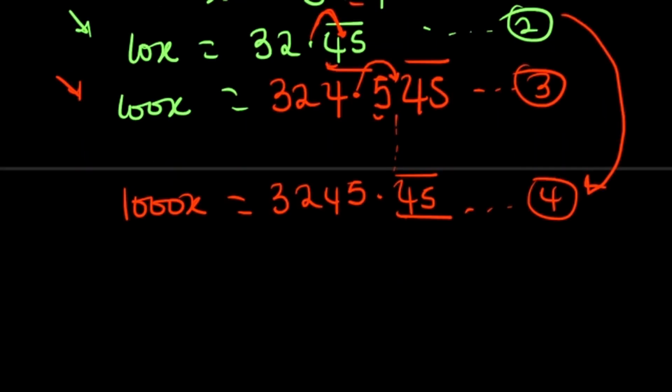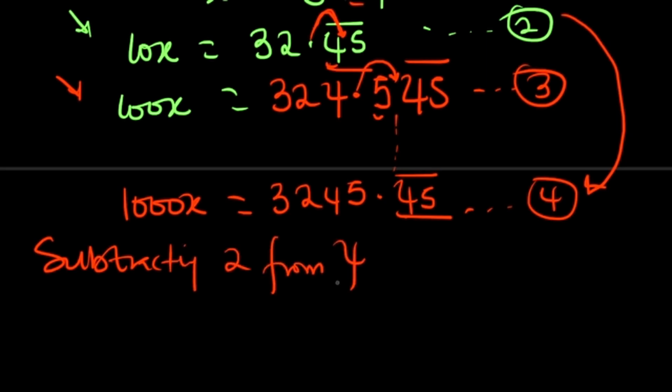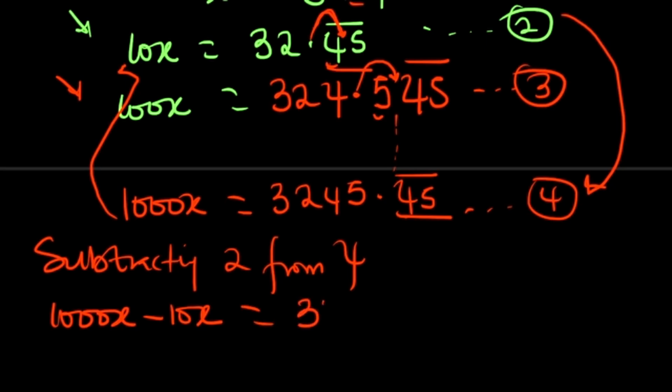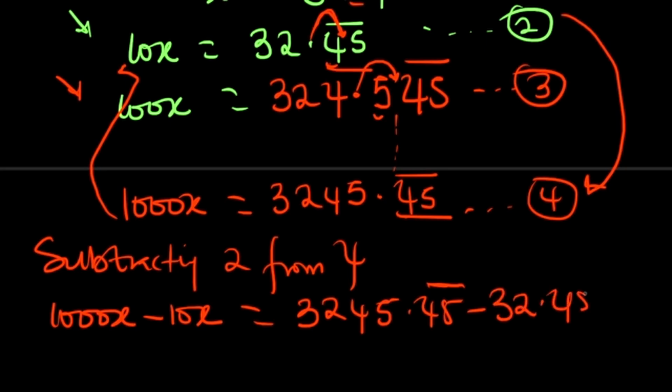Let's do that. We have subtracting 2 from 4. And when we do that, what shall we obtain? We now have 1000x minus 10x. Left hand side for left hand side, right hand side for right hand side. This is equal to, on the right hand side of our equation 4, we have 3245.45 bar, minus 32.45 bar.